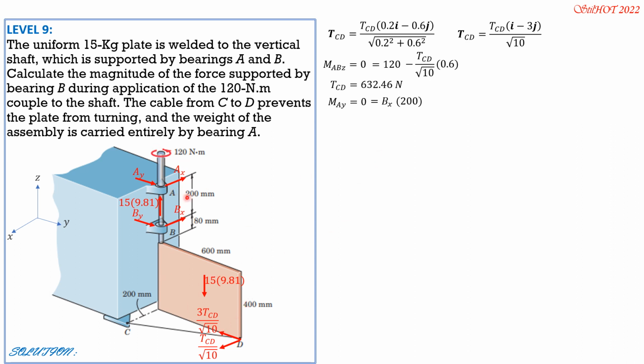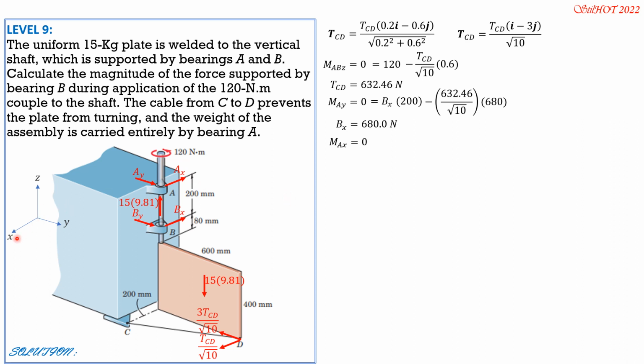So it passes through. Then minus TCD over square root of 10, 632.46 over square root of 10 times the distance, which is 400 plus 80 plus 200. So that is 400 plus 80, 480 plus 200, 680. So from there we can solve for Bx. Bx is 680 newtons.